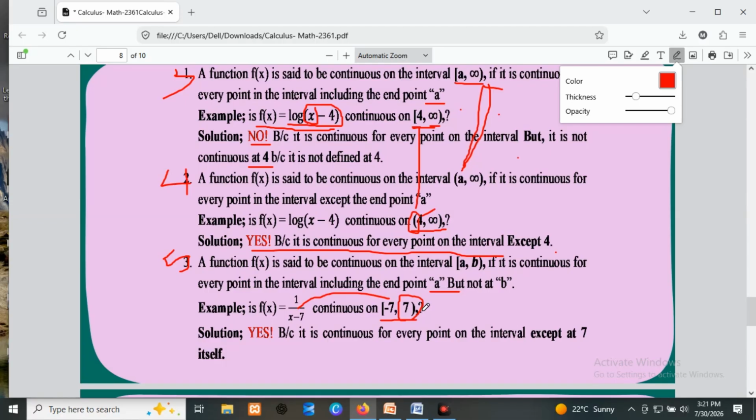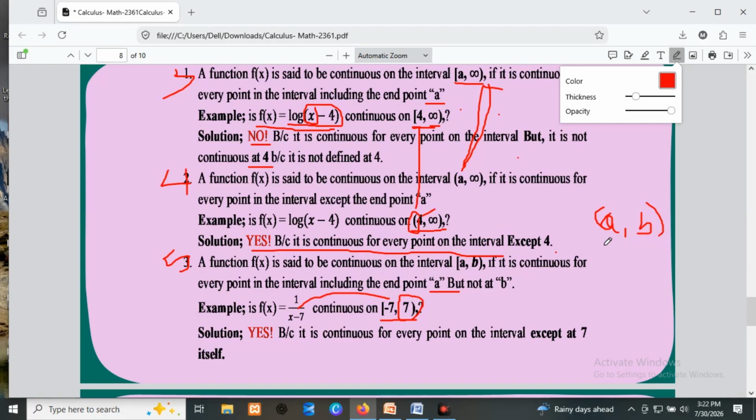Now we have to keep in mind, please, guys, that we have different forms of interval. If you exclude the endpoint, like a comma b, this is called an open interval, so there is no need to check at the endpoints.